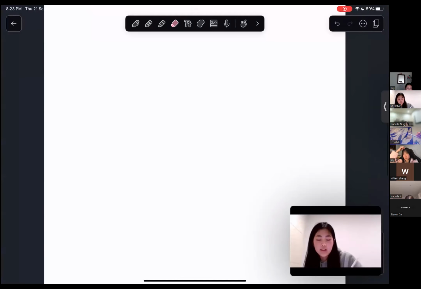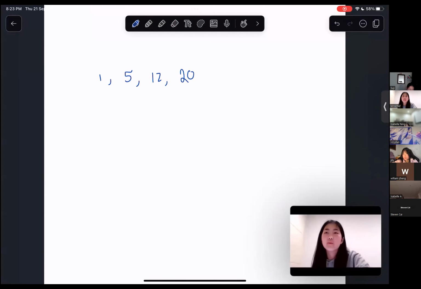Let's say we have the numbers 1, 5, 12, 22. Okay, maybe that number's a little big. Let's go with 20. Can anyone tell me what the geometric mean of these numbers would be? By the formula we had before, what would our multiplicative average be?